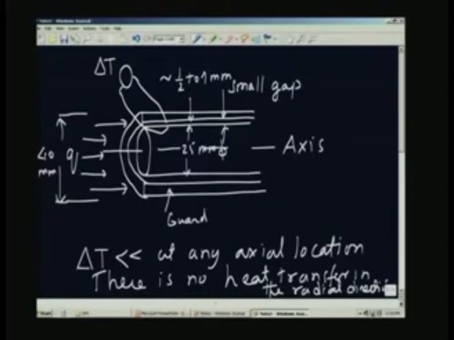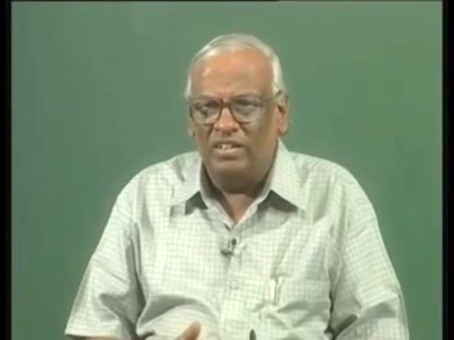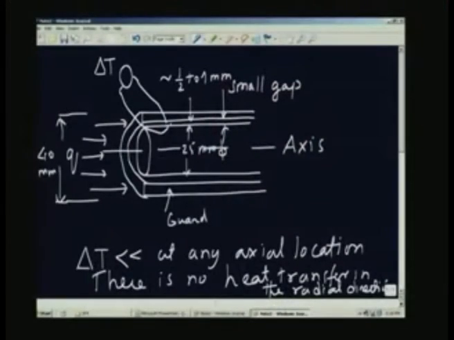So, what we notice is that by surrounding the main gauge by a guard gauge which is of the same material, and we are subjecting both of them at the front surface to the same heat flux, we are having a small or negligible temperature difference between the periphery of the main probe and the inner wall of the guard probe.